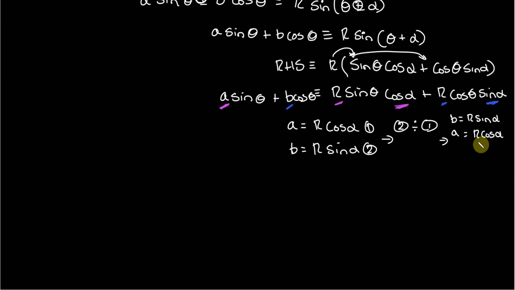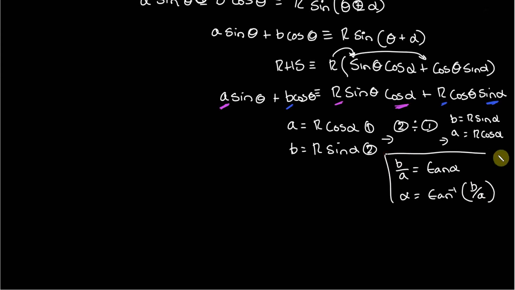And now we can solve for alpha, and what we end up with is b over a equals tan alpha, right? And therefore, if we needed to solve for alpha, that's just going to be arctan of b over a, which is a very helpful result.